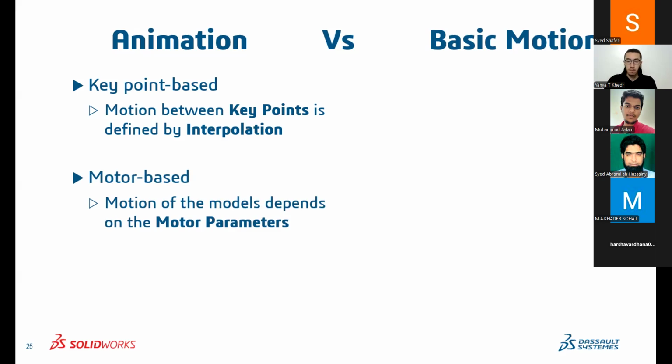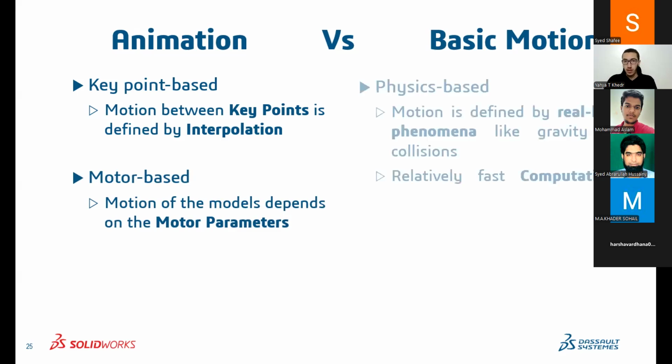Okay. When it comes to basic motion, it's not like motion analysis, but it does have some simulation in it. It's based on a different simulating engine, and it's got some physics baked into it. So let's say, for example, you want to simulate contact between different components, or a collision where something hits something else and pushes it forwards and so on.